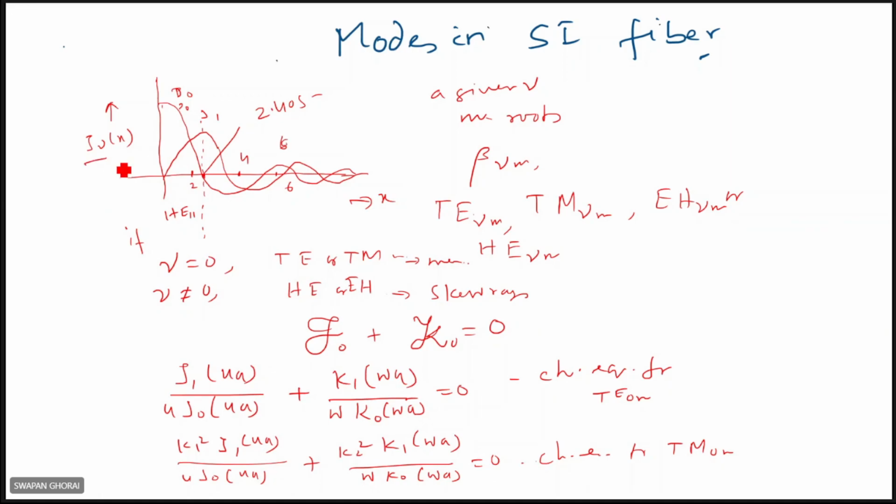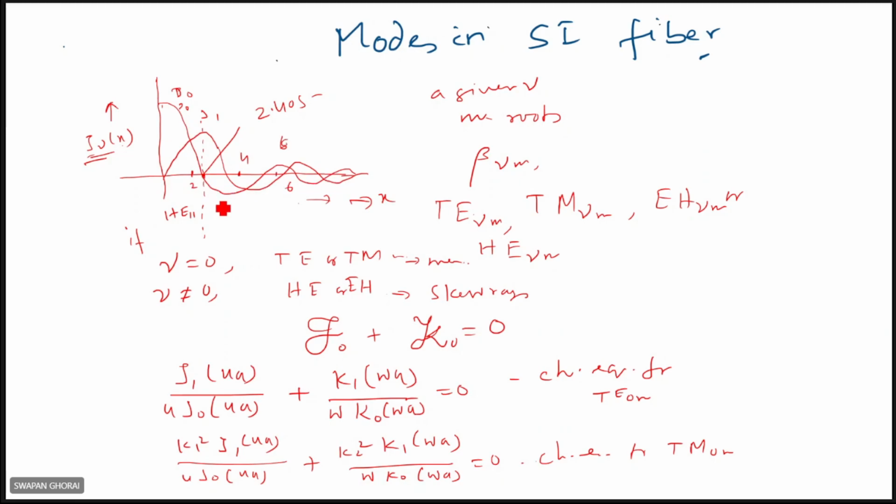If you just plot J nu of x versus x, as an example, in MATLAB, you can see it quickly. You will get these curves: J0 for this one, J1 for this one, and so on. For a particular Bessel function, you see there are several crossings.